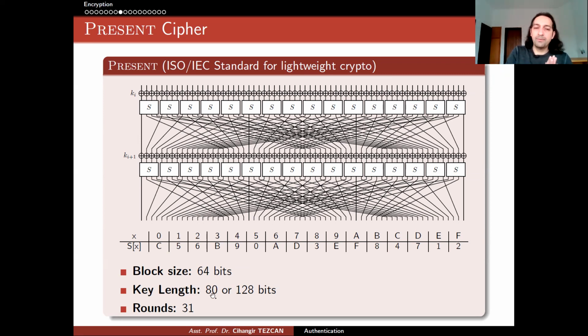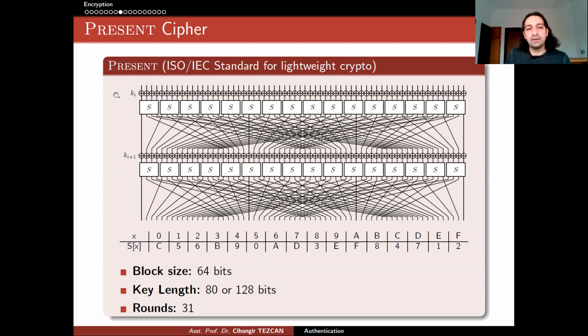From this 80-bit key, a key schedule algorithm, which I will show you in the next slide, generates the round keys. There are 31 rounds. For each round, you will generate a 64-bit round key from this master secret key. I will show it to you there. But the algorithm works like this. You have the plain text here.